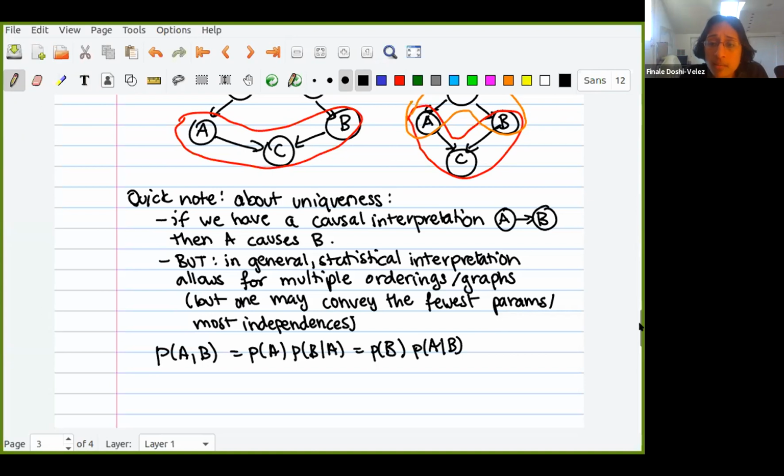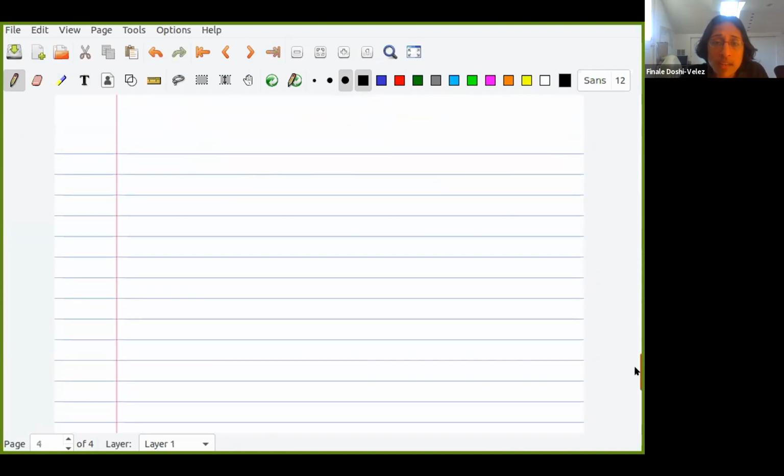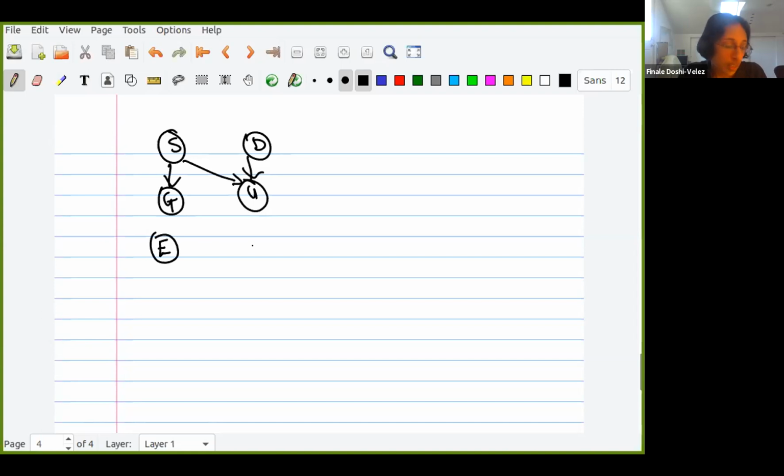So let us think about that with the graph that we had. So we had the skills, we had the diligence, we had the good test taker, and understanding the material. We had the exam scores, and we had the homework scores.